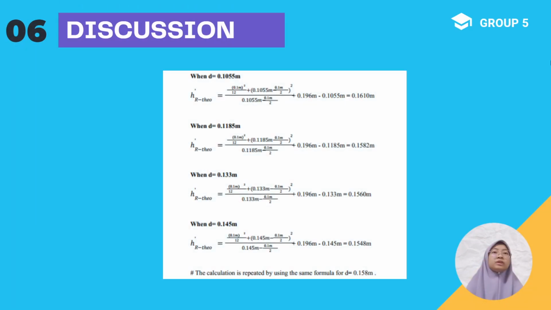And the value of small d is equal to 0.1055 meter, 0.1185 meter, 0.133 meter, and 0.145 meter.